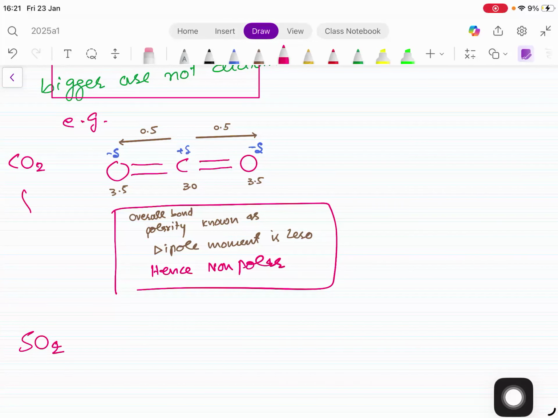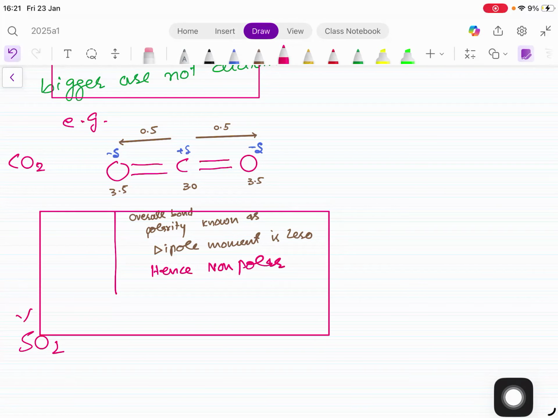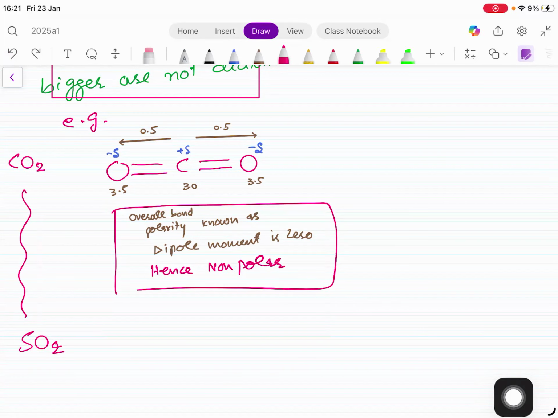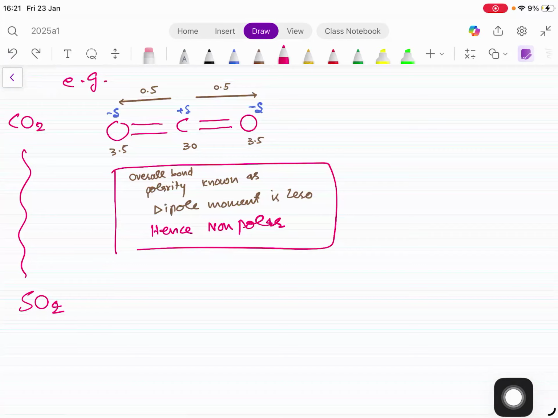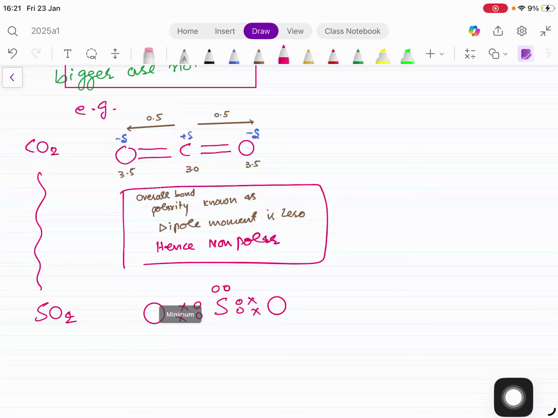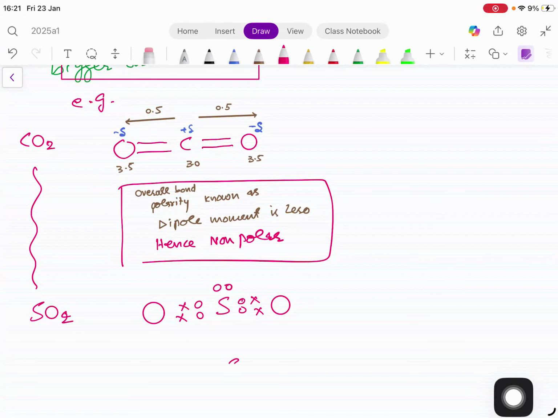Look at this. It looks the same as carbon dioxide. So if I ask you whether sulfur dioxide is a polar molecule or not... Non-polar? Okay, why? Here is the sulfur dioxide, like this. Does it look the same?